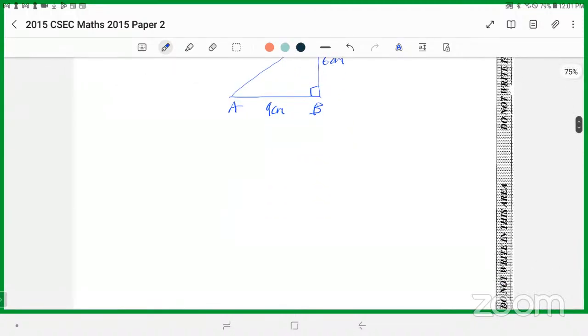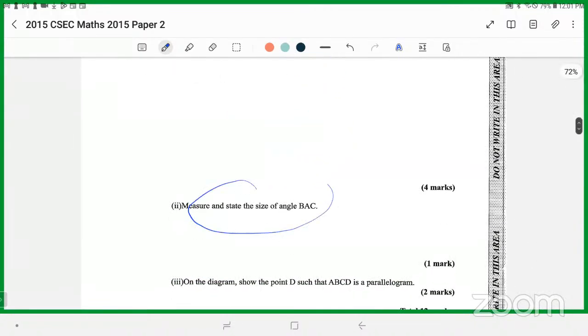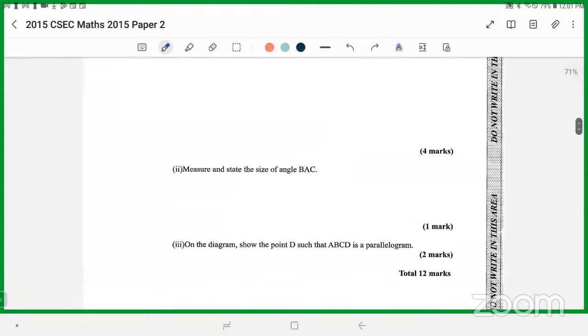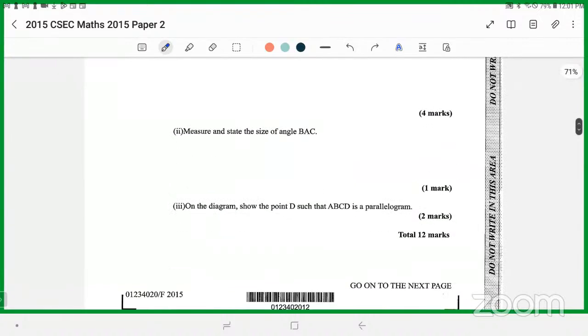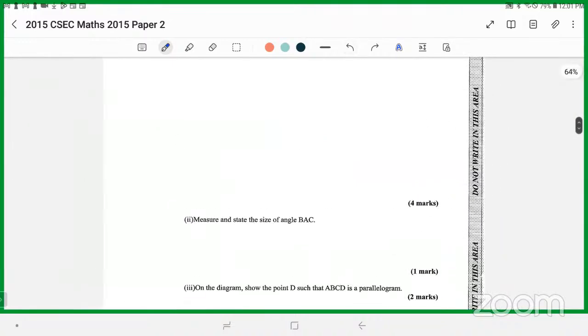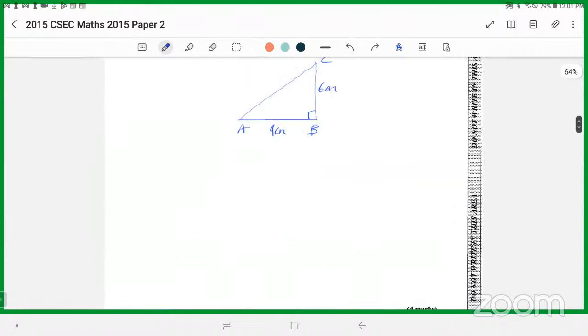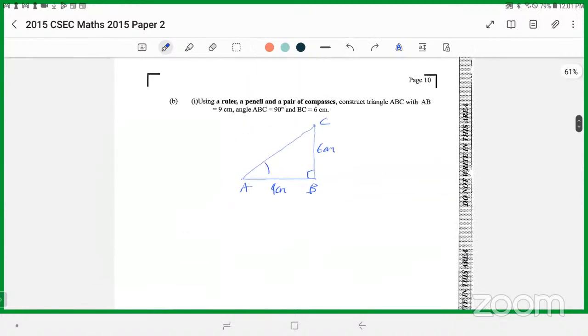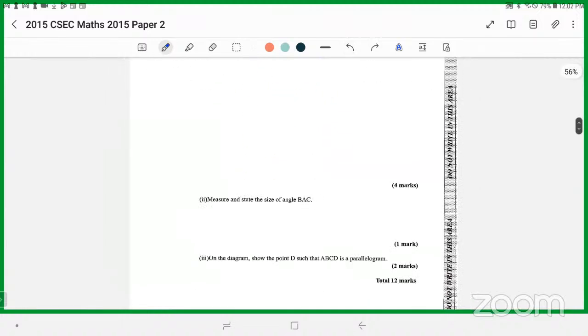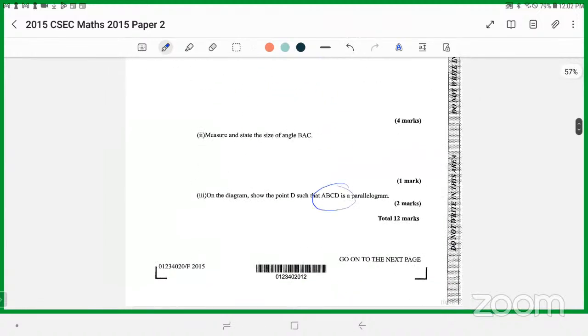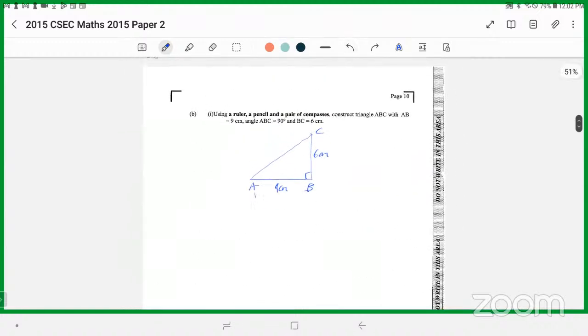The things I wanted to do with it, measure and state the angle BAC. On the diagram, put point D such that ABCD is a parallelogram. All right. So let me show you what I'm going to do now. The angle that I want to measure, angle BAC, that's this angle. Then I want a parallelogram ABCD. So I have A, B, and C already, so D must be somewhere out here.